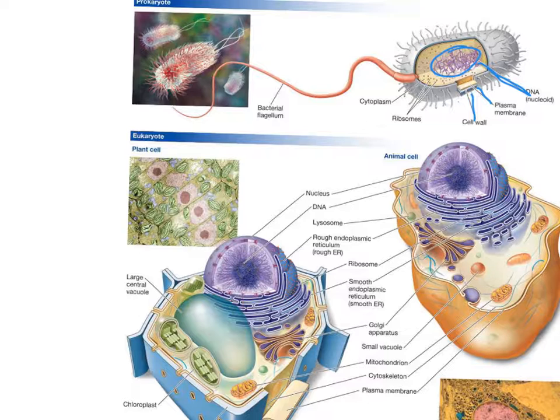That's it. It doesn't actually make a protein, it's just the instructions. And it transcribes those instructions into something called RNA, which we'll learn about later. And then that RNA is taken out of the nucleus.